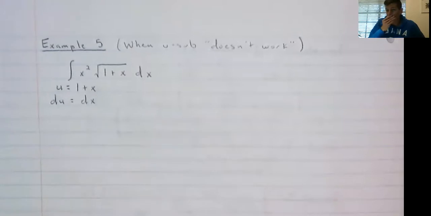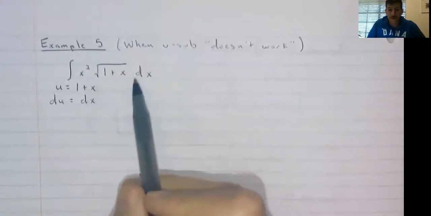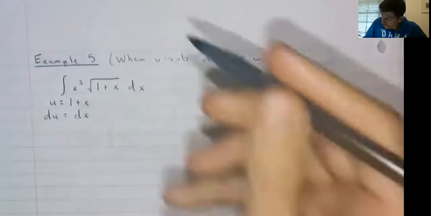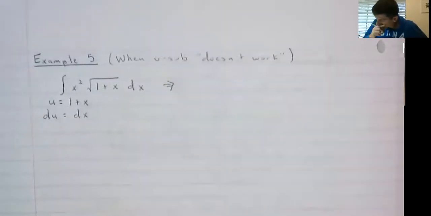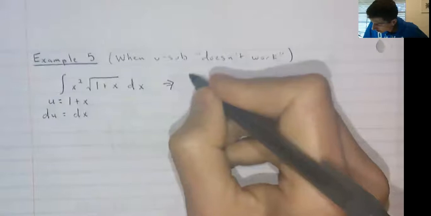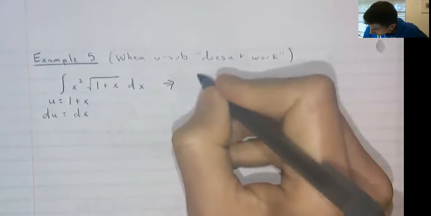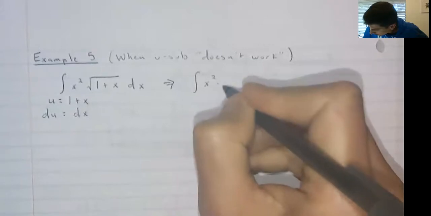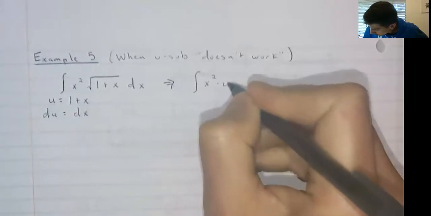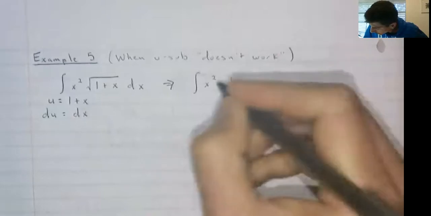Now, let's see. If we go and do our subs, we don't get that magic moment. What we end up with is x squared times, we'll call this u to the 1/2 du.